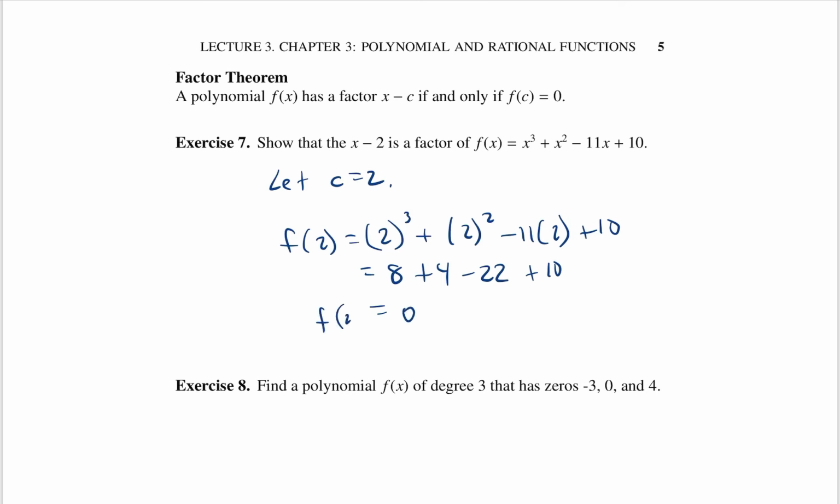So what the factor theorem says is that if f of c is equal to 0, which is exactly what we got, then that means that x minus 2 is a factor of the polynomial. So we can say, therefore, x minus 2 is a factor of f of x. And that's by the factor theorem.